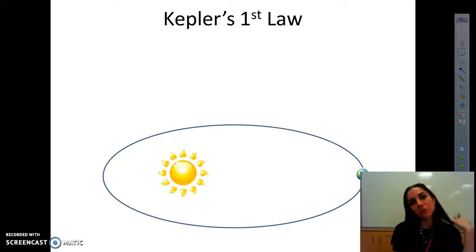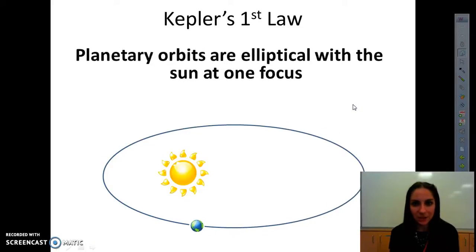Now we're going to shift gears and talk about Kepler's laws of motion. Kepler describes how planetary motion works, and he does it with three laws. The first law is the idea that all orbiting objects travel in ellipses with the central object at one of the foci. Here is more or less what this looks like, exaggerated, so just keep that in mind.